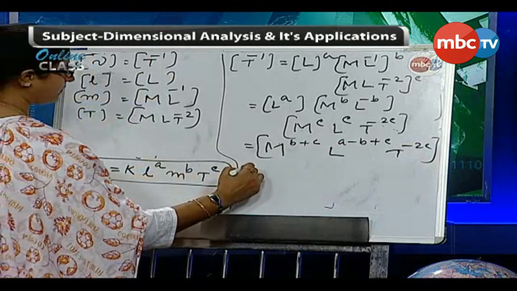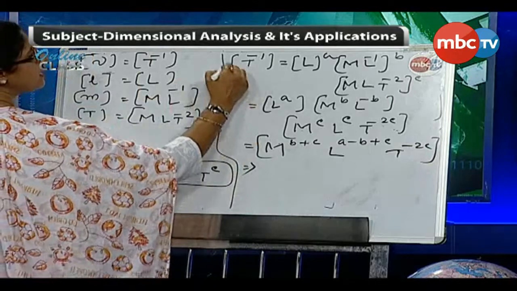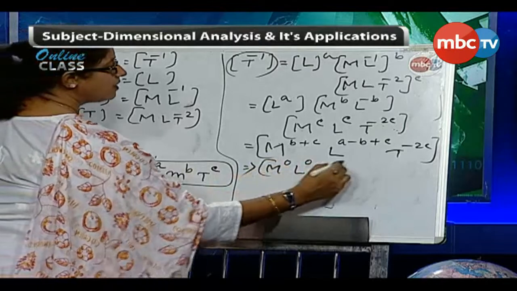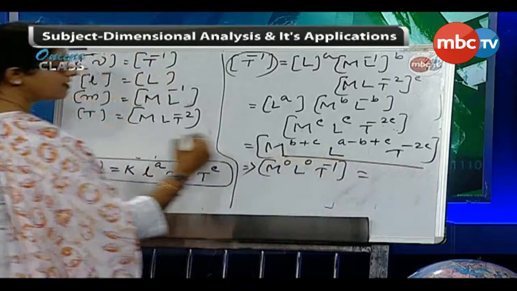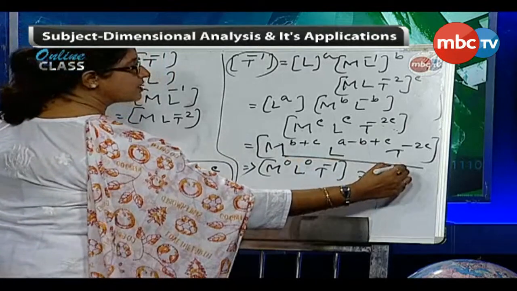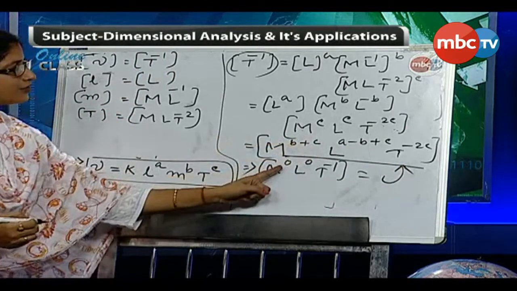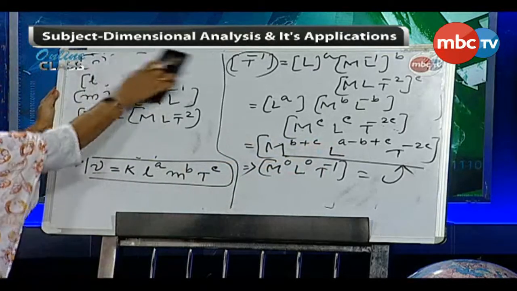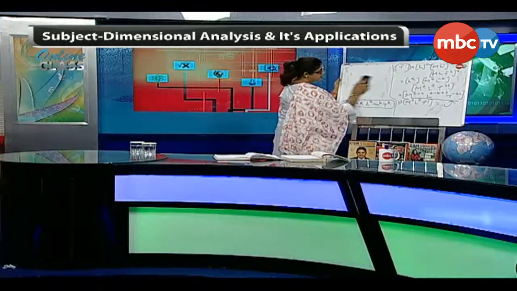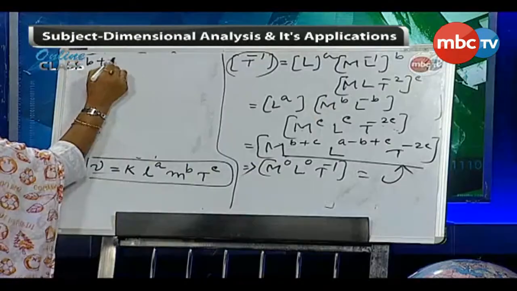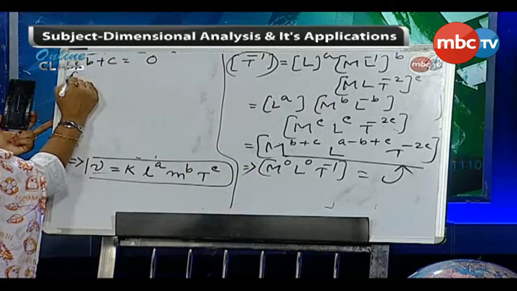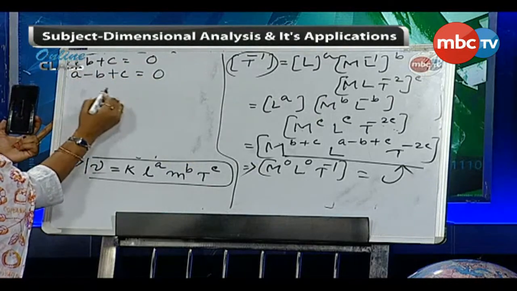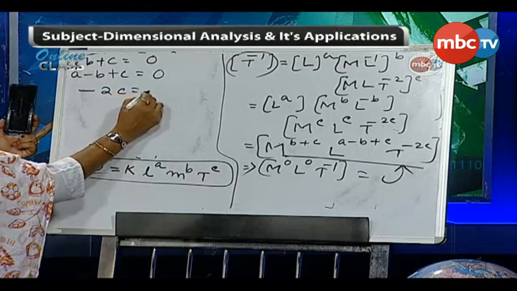So equate it. T^-1 means M^0 L^0 T^-1, which is equal to this. So B plus C equals 0, A minus B plus C equals 0, and -2C equals -1.